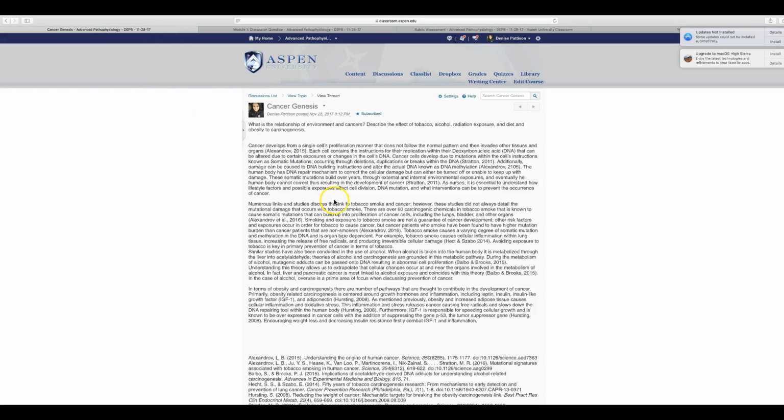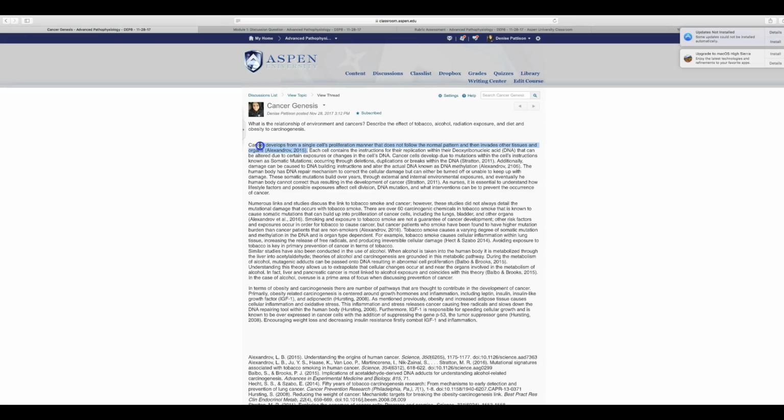So here is an example. I said cancer develops from a single cell's proliferation in a manner that does not follow the normal pattern and that invades other tissues and organs. Great. That was a very basic, rudimentary explanation of how cancer occurs from the cell, right?